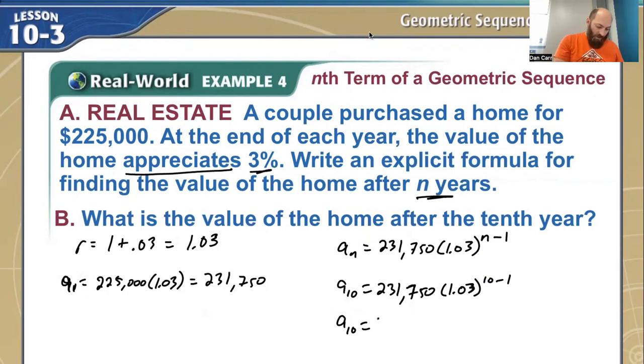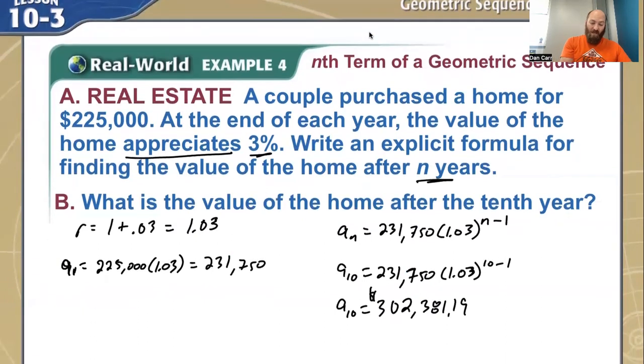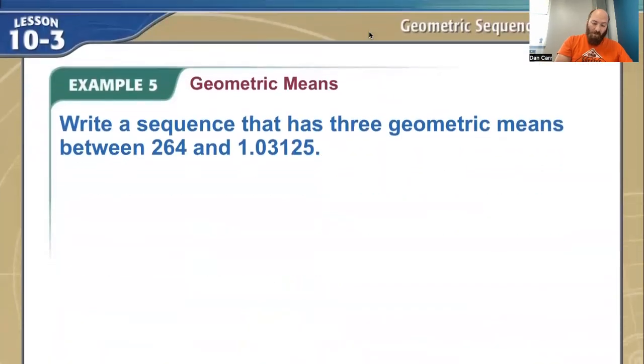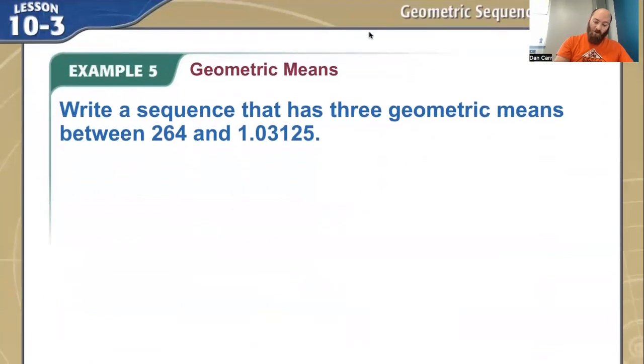That's going to give me 302,381 and 19 cents. So that's the value of the house at the end of the 10th year. So $302,000 basically.